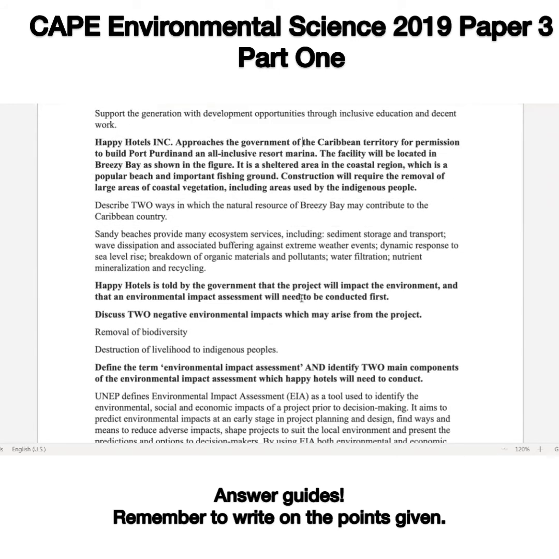They're saying that the construction of this hotel will require the removal of large areas of coastal vegetation, including areas used by indigenous people. Those are the negative impacts. You're removing vegetation, you're removing biodiversity, you're removing habitats, right? You're disrupting the biogeochemical cycles, and that's not good for the ecosystem.